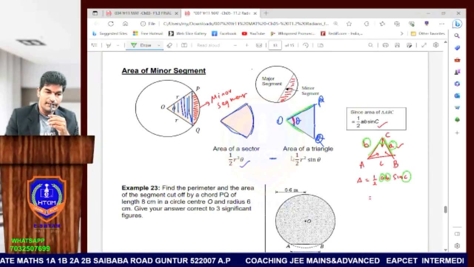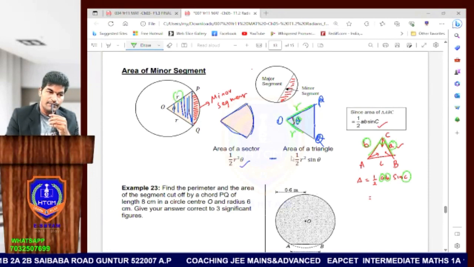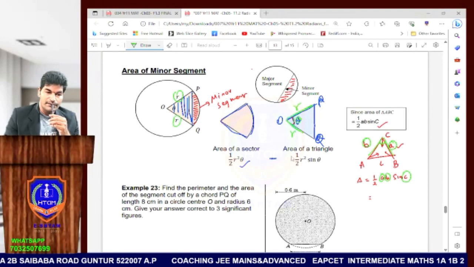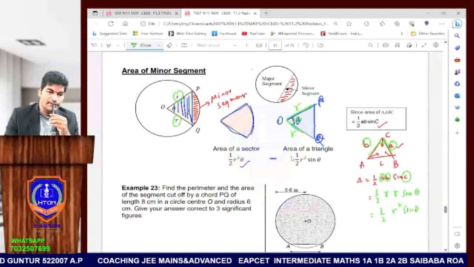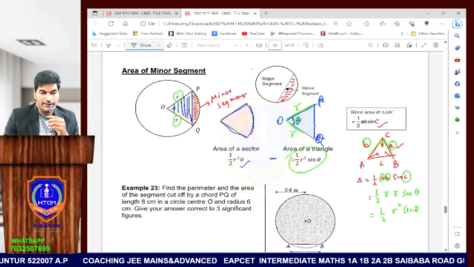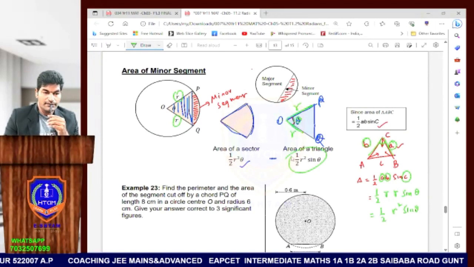The inclined angle is theta, and the sides connected with this angle are radii. So small a is radius, small b is also radius, and the inclined angle is theta. Then r into r is r square, so the area is half r square sine theta. With this we can calculate the minor segment area.